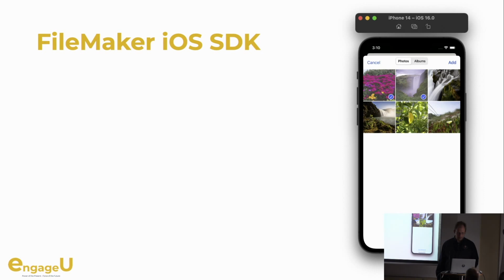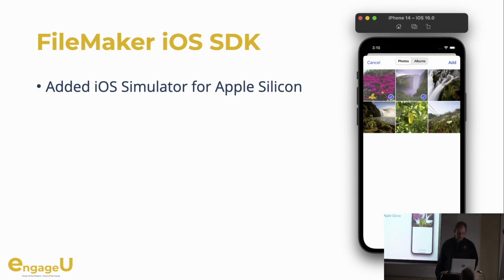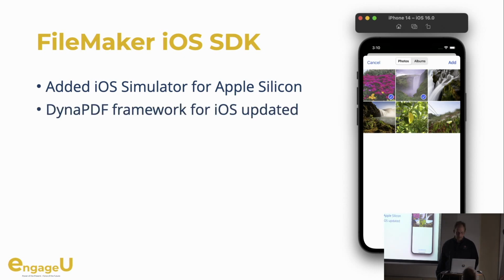If you like to use the FileMaker iOS SDK, you can do that with our plugin. We added support for Apple Silicon for the simulator this year. We regularly update DynaPDF to use on iOS. We got functions for the sharing panel, so you can share several files, text, pictures with other people.